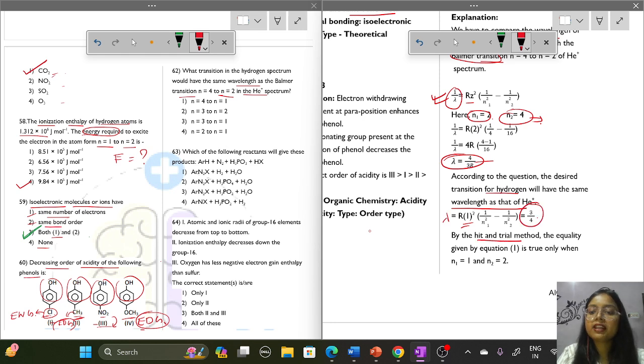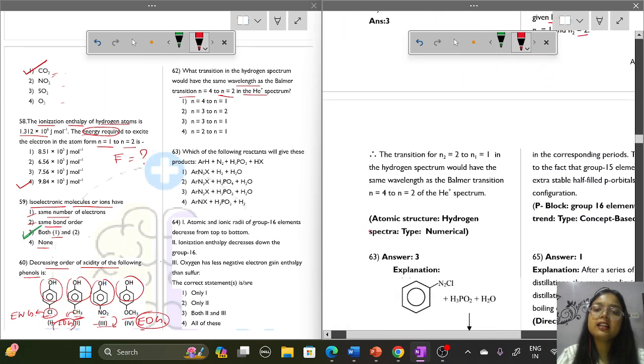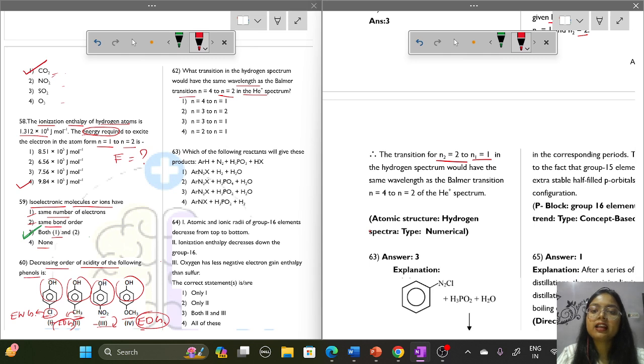By hit and trial method, the equality given by equation 1 is true only when n1 is equal to 1 and n2 equals 2. So the transition is from n2 equals 2 to n1 equals 1.